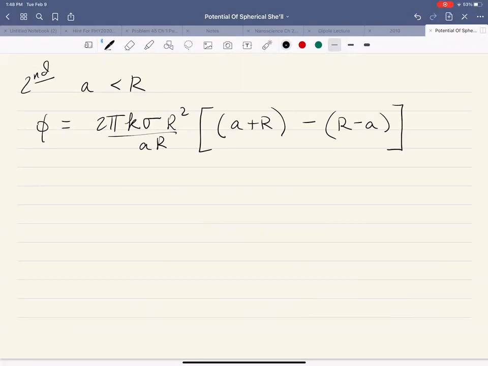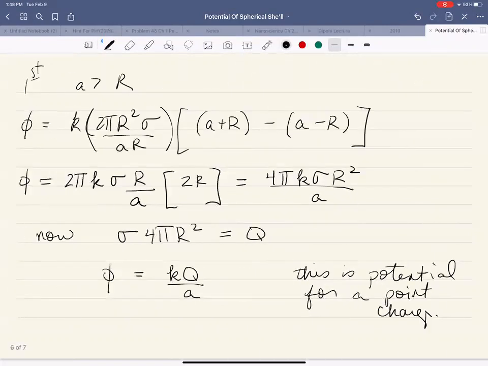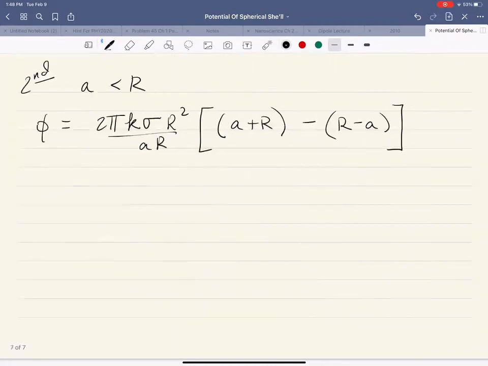So it looks very similar to our previous case. We're just switching the order again of that second term.